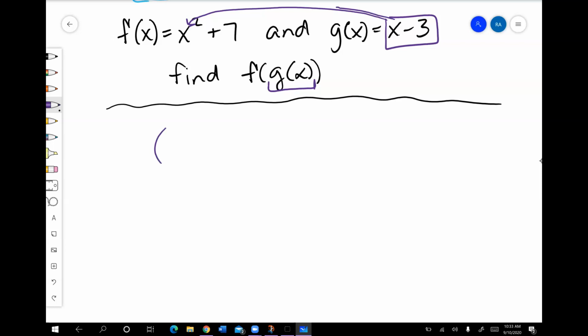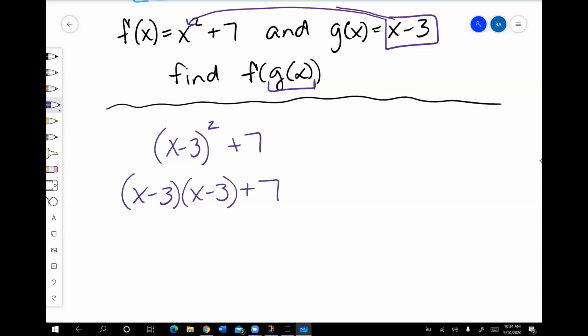So now I'm going to have x minus 3 squared plus 7, because there was only one x to substitute, so that's all I did. Now, this is a quantity squared, so this really means x minus 3 times x minus 3 plus 7. That exponent just tells you how many times to write it. If that exponent was a 3, we would write that 3 times, okay?